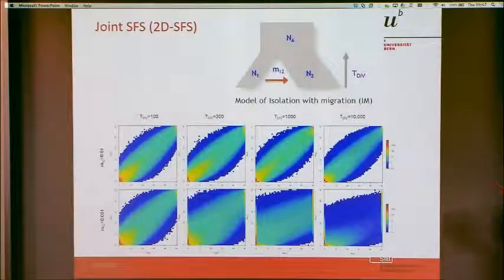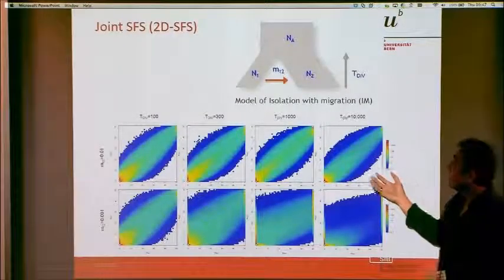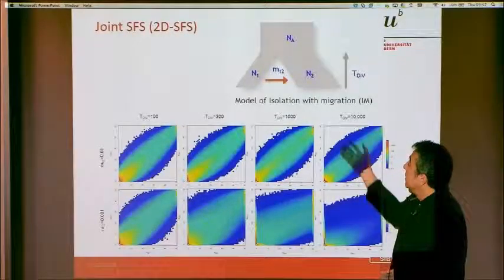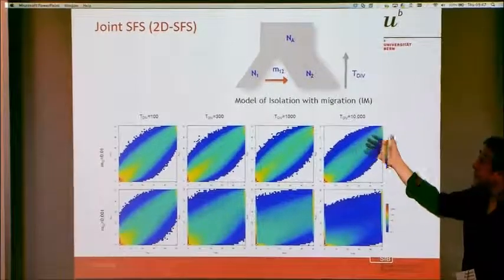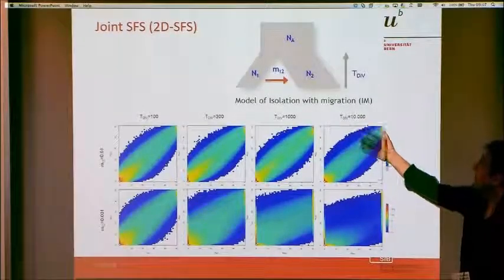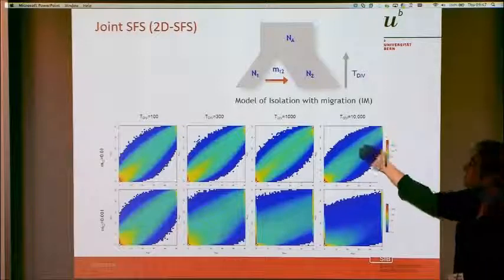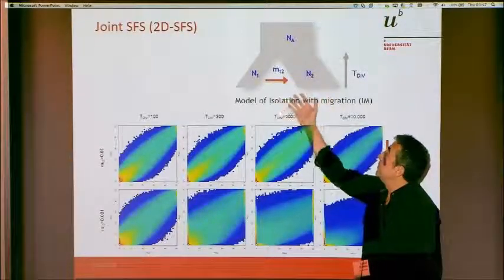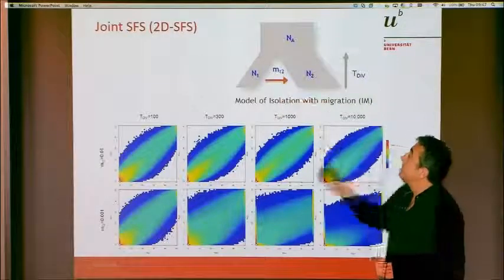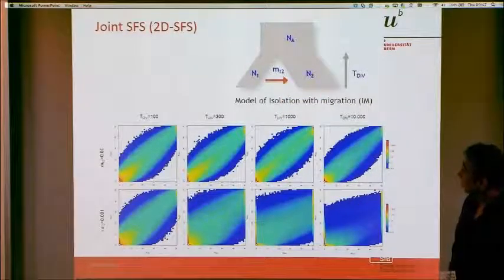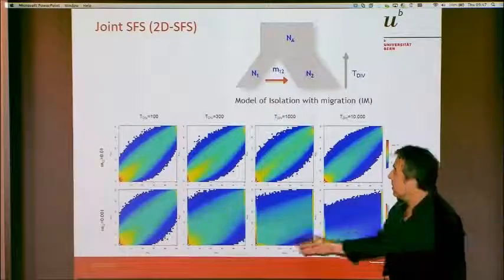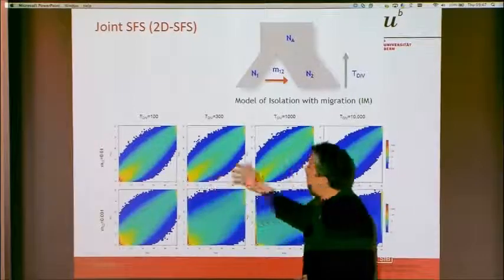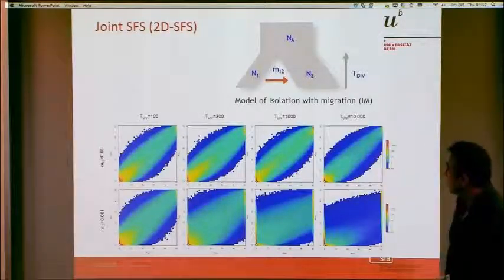And you can extend this kind of game by considering the joint site frequency spectrum, in models that involve two populations or more, in that case in some kind of isolation with migration model, where you have some ancestral population that splits into two populations, and these two populations still exchange some migrants. In this case, it's a bit asymmetric. Somehow you would expect, depending on the divergence time or the migration rate between these populations, to see different joint frequency spectra.